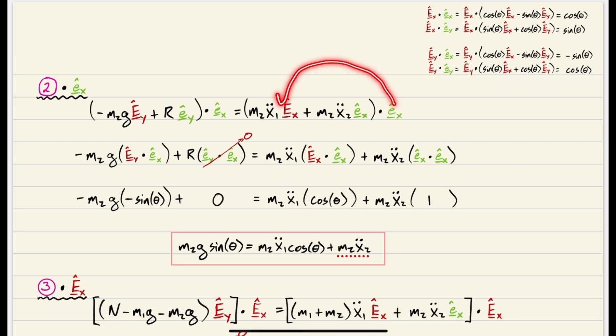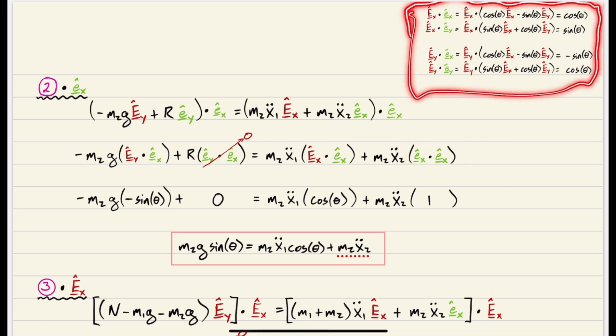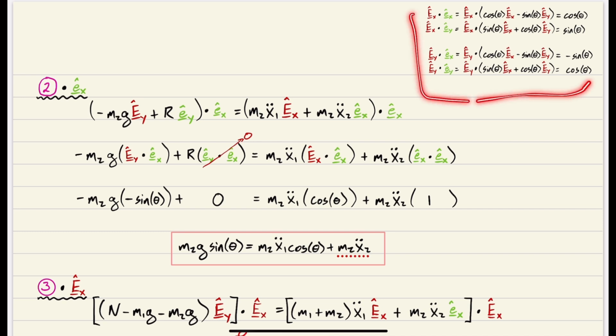And then you have EX dotted with red EX, that's this right here. And then green EX dotted with green EX is right here. That's going to be 1. And this is why we went through that trouble of doing those helpful calculations before. Because now we can just say EY dotted with EX. Well, where was that? That was this one right here. That's just equal to negative sine theta, and just plug that right in.